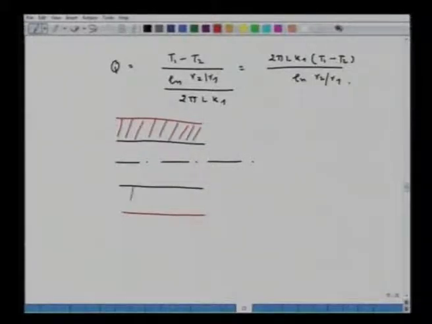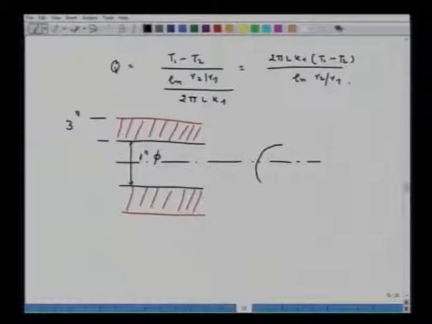This is given as 1 inch diameter, and this is given as 3 inch insulation thickness. Or if you wish to represent it somewhere here, then this is the furnace tube and this is the insulation.